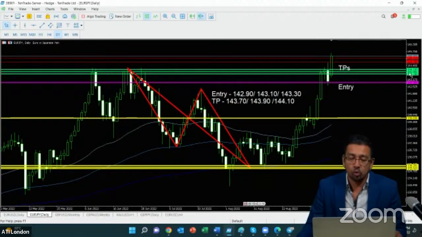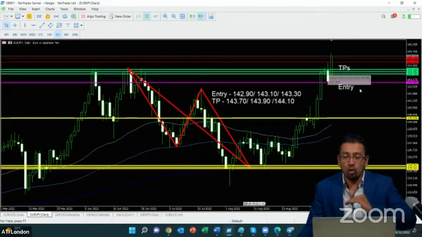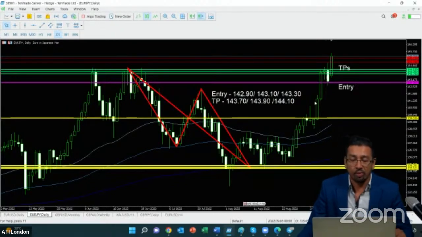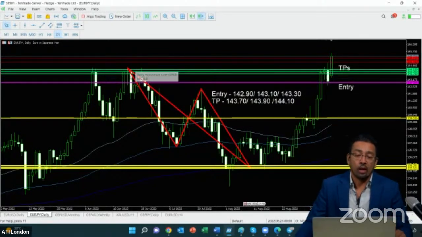And if you look to the left, this is based on the daily chart for Euro JPY, it has pierced through not only the TPs and gained you pips on that, take profited on these three lines, but it has also pierced through very significant resistance, especially this one here.